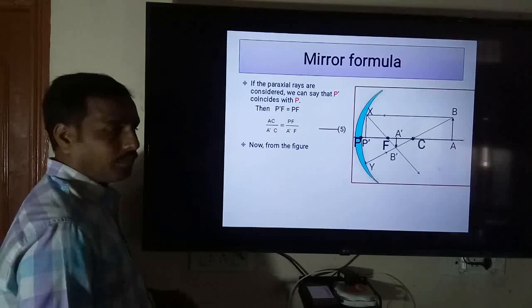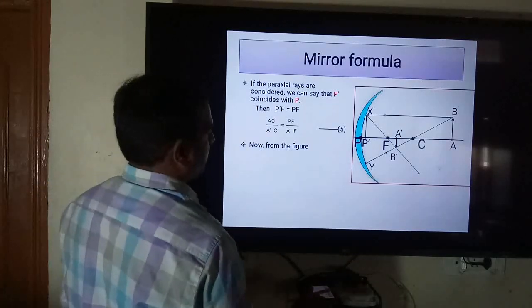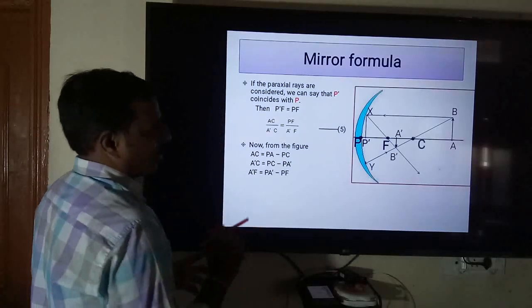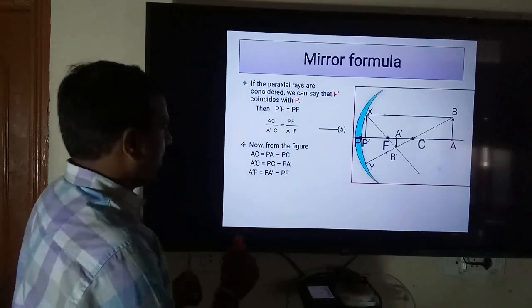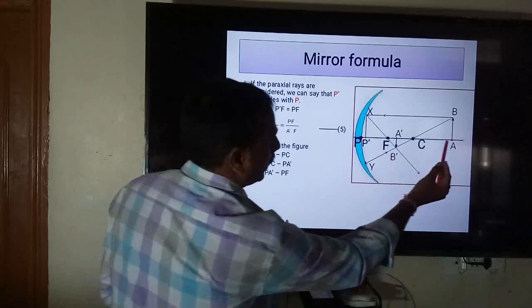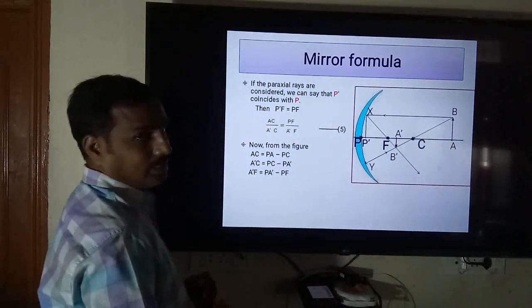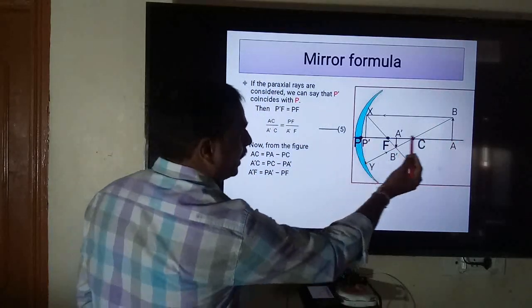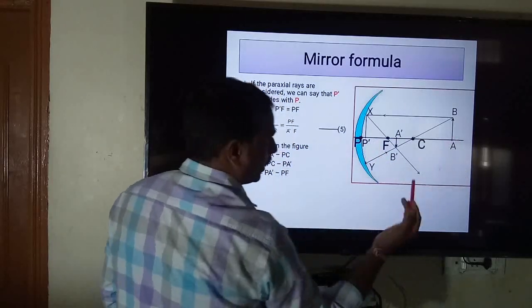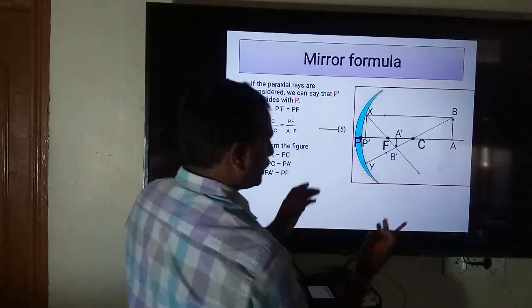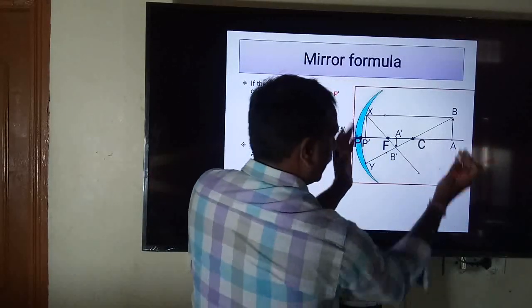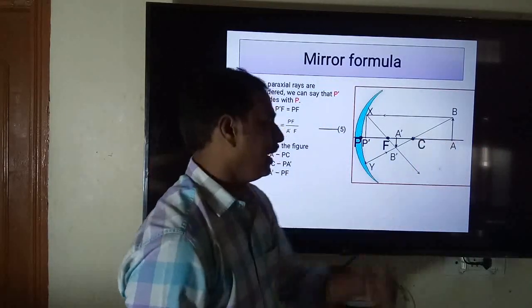Now from the figure, observe carefully. What is the AC length? This length is equal to PA, from P to A, the total length, minus PC. If we subtract PC from PA, we get AC.